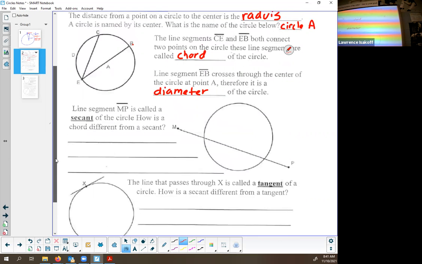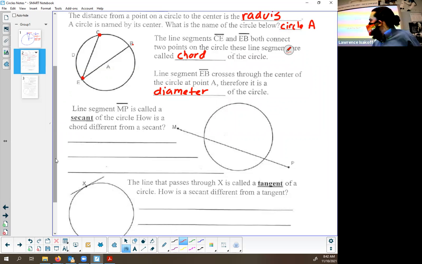Let's look at MP compared to EC. Where does EC start and stop? It stops on the edge of the circle. Where does MP stop? Outside the circle.